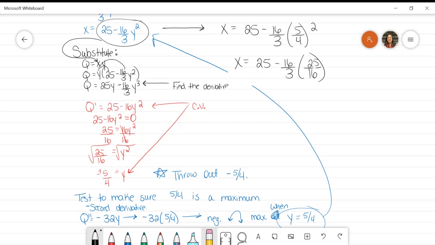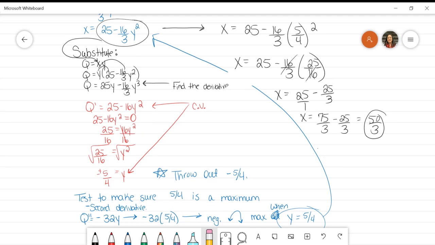If I simplify, this is going to give me x equals 25 minus 25 thirds. And again, I don't have a calculator here, so we're going step by step. That's going to give me 75 thirds minus 25 thirds, which is going to give me 50 thirds. So there's my final answer for x.